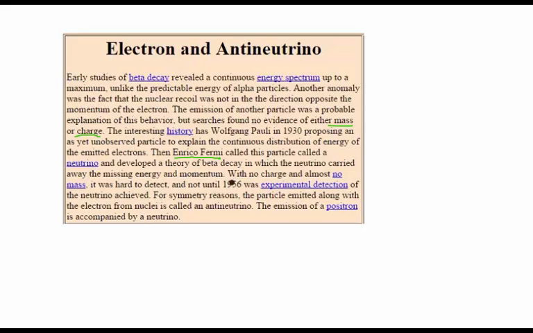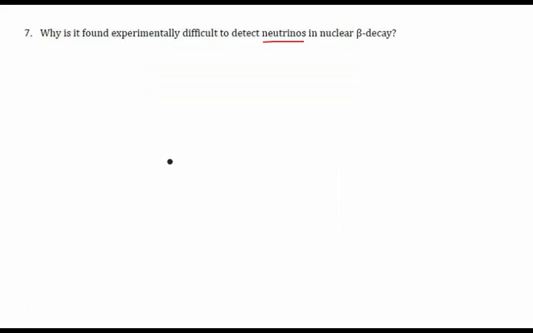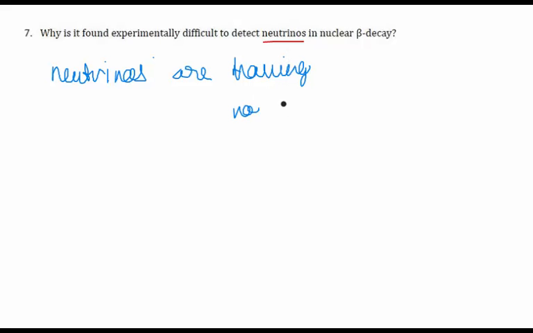Now, why was it difficult to detect? Because of the same reason. It had no charge and almost no mass. So it was very hard to detect. So the answer to our question would be very simple, in which we will say neutrinos are having no charge and massless.